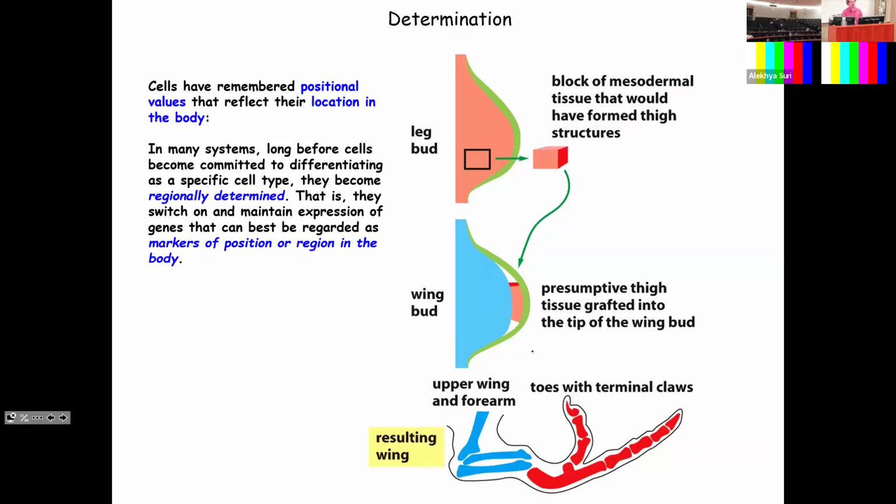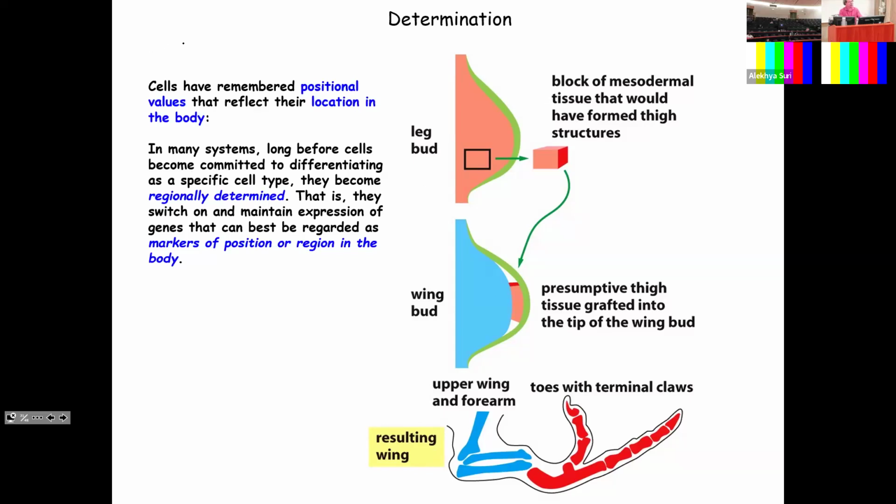And not just coming, but it had nails and other formations. It developed into something in which the origin was the leg bud. So that was a very, very typical kind of experiment.